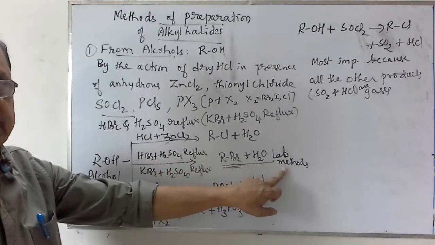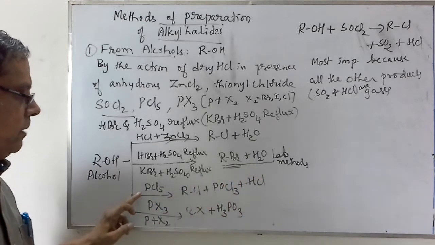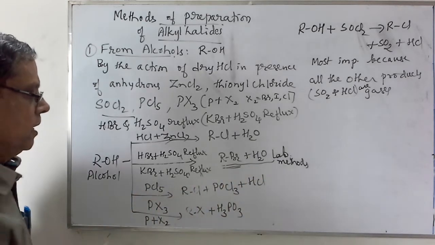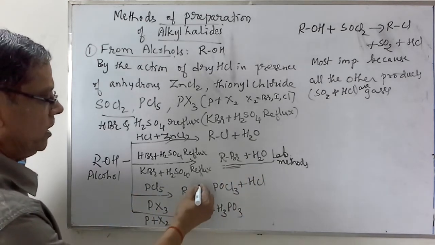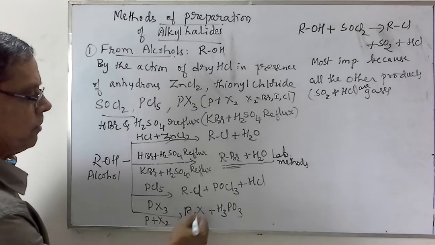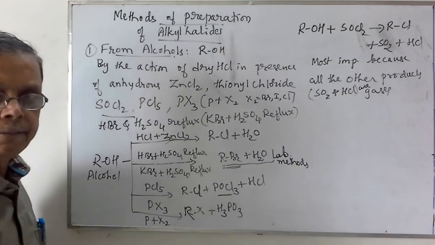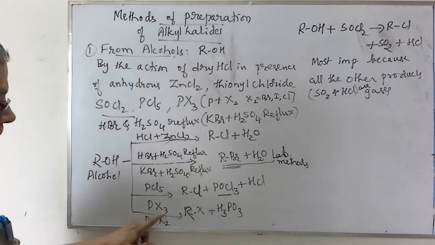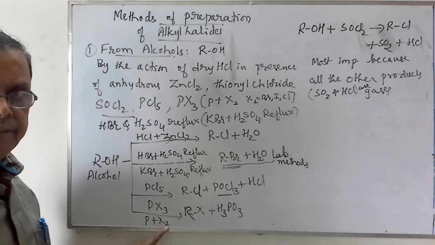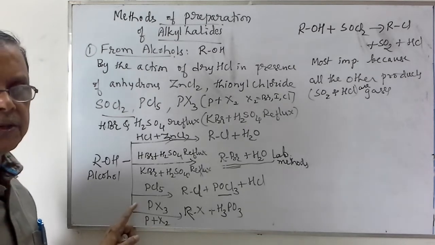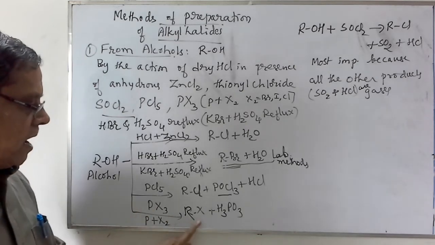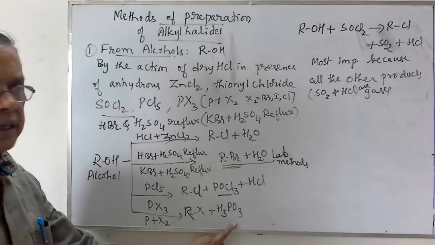This is usually used as a laboratory method. Third method is by treating with PCl5, the corresponding alkyl chloride is formed along with the formation of phosphorus oxychloride and HCl. Phosphorus trihalide or phosphorus and halogen. This phosphorus used is usually red phosphorus. RX and H3PO3 are the products.